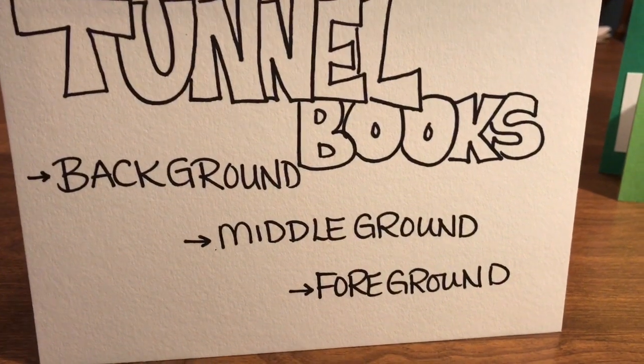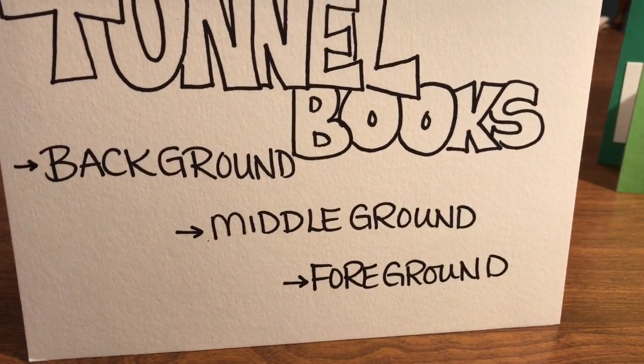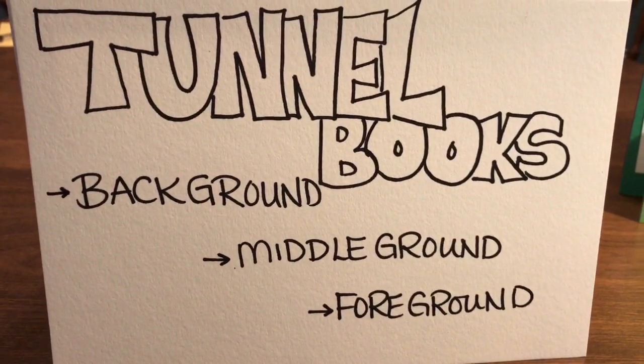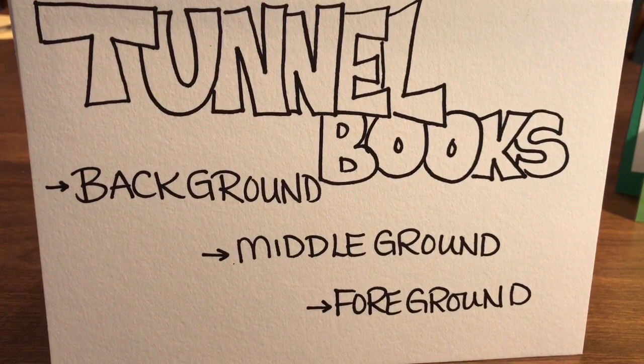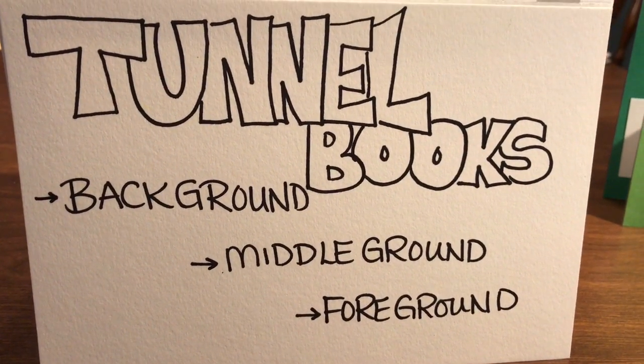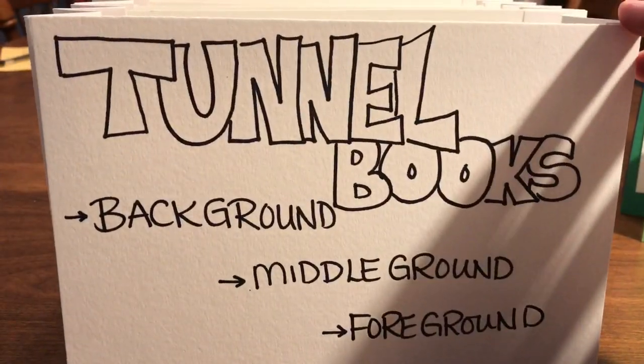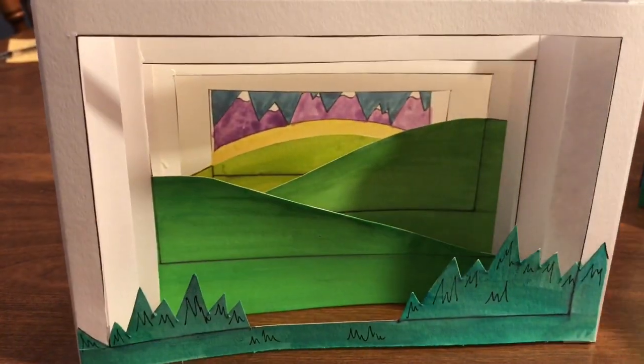Girls and boys, today we are going to be making dimensional tunnel books, and we're going to be focusing on creating depth using foreground, middle ground, and background. Here is an example of what we're going to be making.